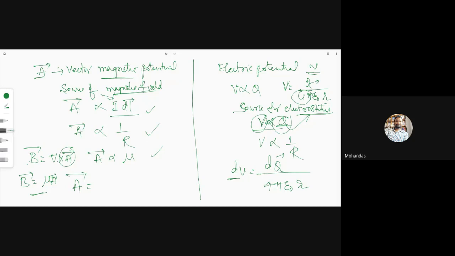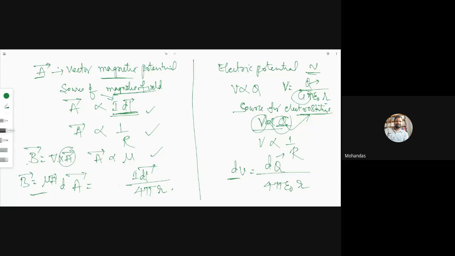Here also, due to the differential current element I dl, the formula is similar: the differential vector magnetic potential dA equals mu I dl divided by 4 pi R, where R is the distance.